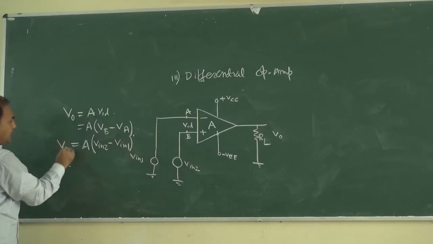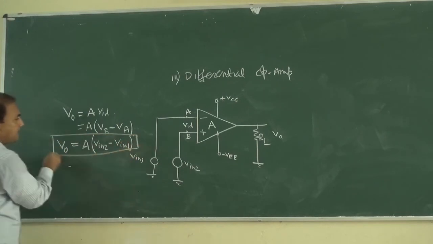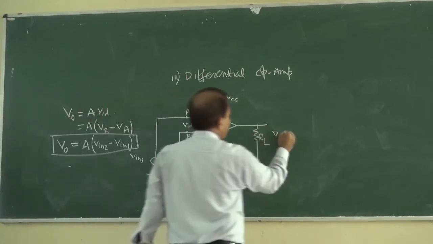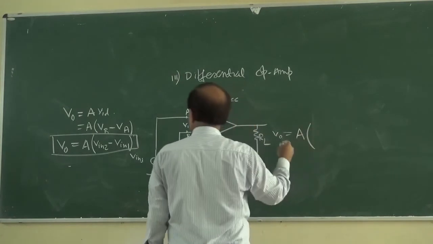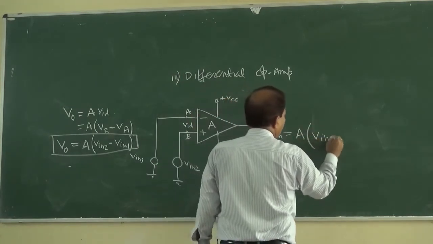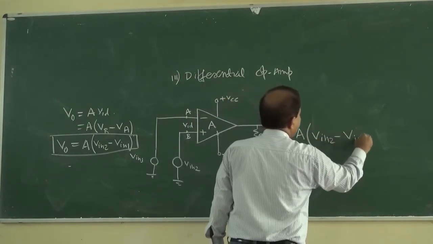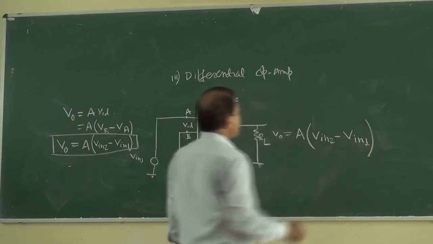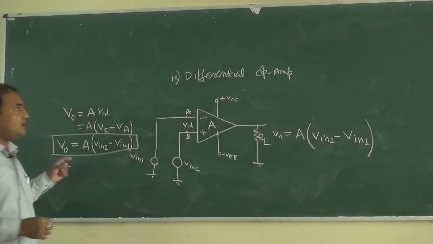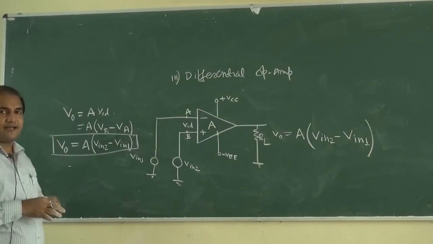So we can write V output like this: V output is equal to A times (V_in2 minus V_in1). So this is the expression for the differential operational amplifier.